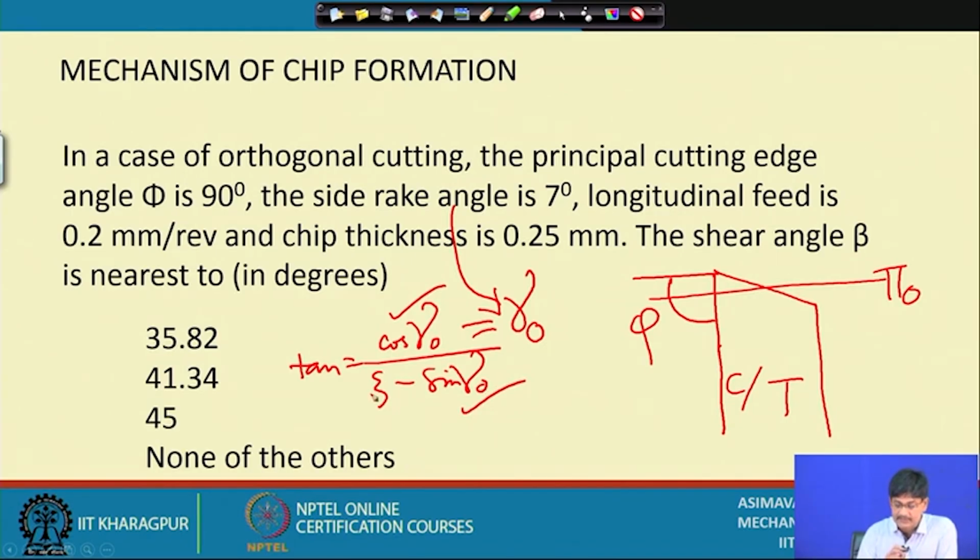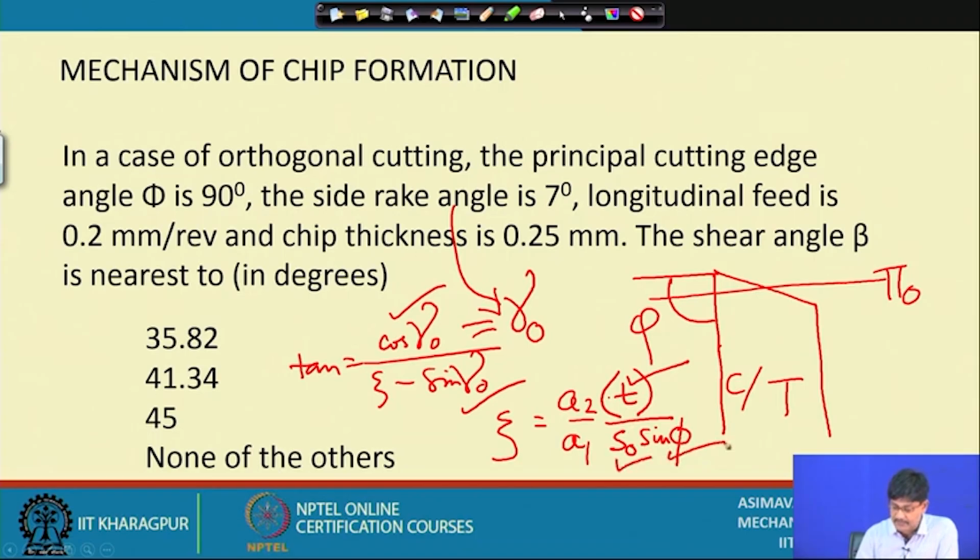Zeta is equal to A2 by A1, where A2 stands for chip thickness, which is T, and A1 stands for uncut chip thickness, which is S0 sin phi. Phi is given, S0 is given, chip thickness is given, so we can find out zeta completely.